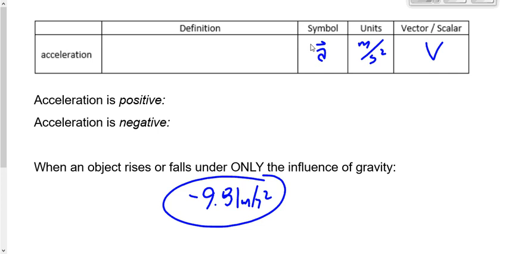Now, if there's air resistance, that throws a wrench into things, right? The acceleration isn't negative 9.81, but normally we don't encounter that in Physics 20. The analysis of that is actually quite a bit more complicated. You have to do some calculus, which none of you guys have learned yet.